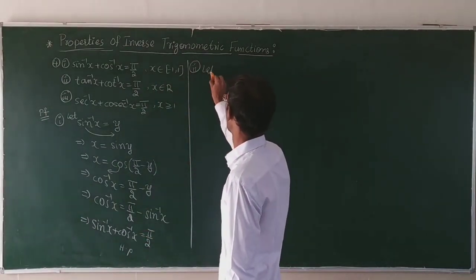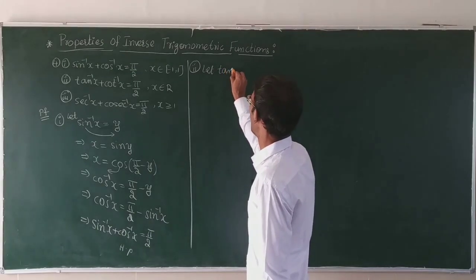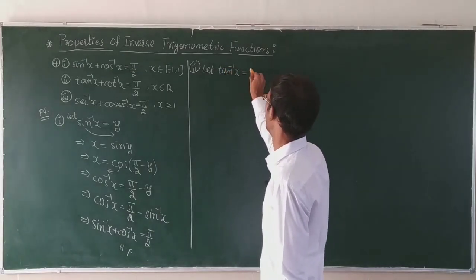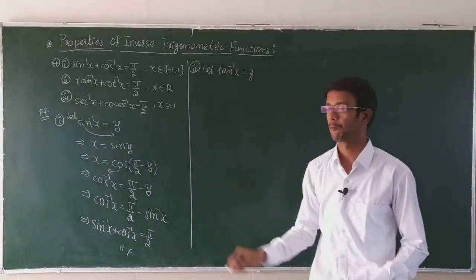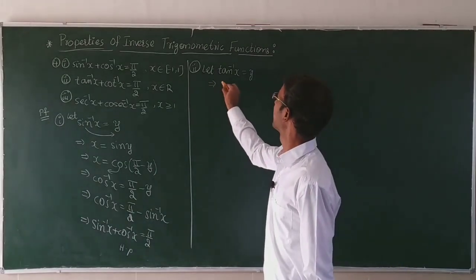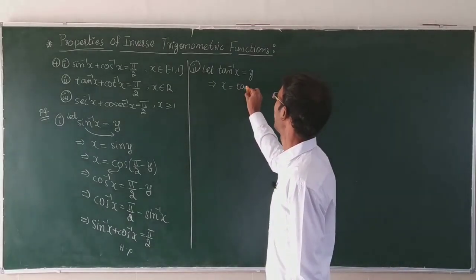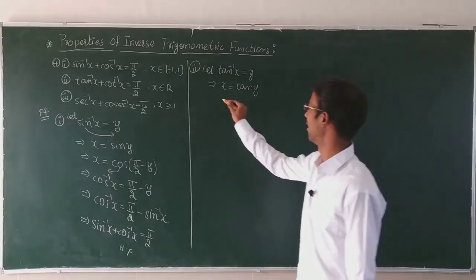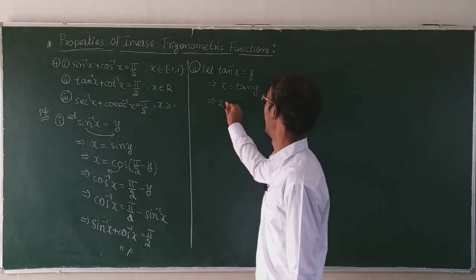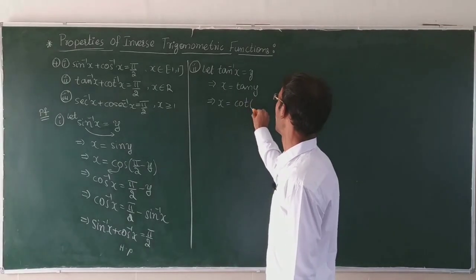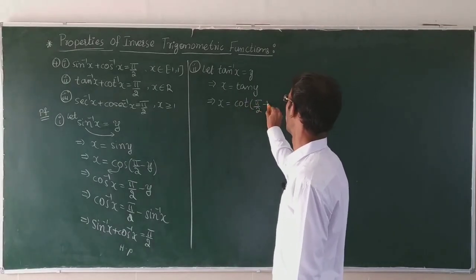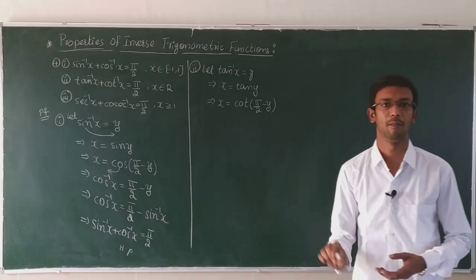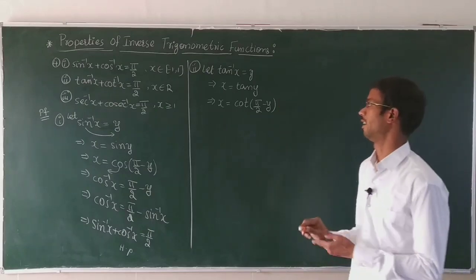Next, property number 2. Let tan inverse x is equal to y, which implies x is equal to tan y. So x is equal to cot of pi by 2 minus y, since cot of 90 minus theta is tan theta.